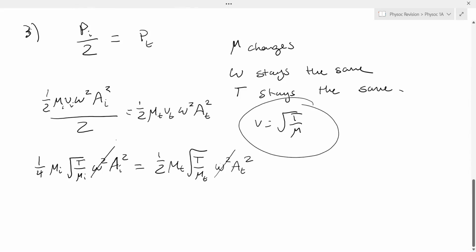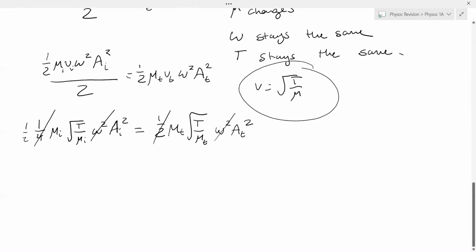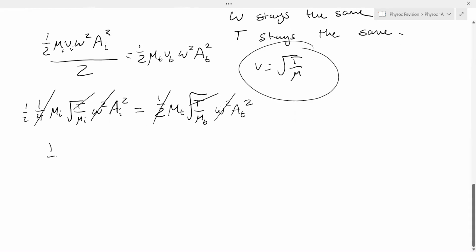We can get rid of these values, they cancel out on both sides. We can get rid of the half and the tensions. So this is going to be half mu I over root mu I times A_I squared is equal to mu T over root of mu T times A_T squared.